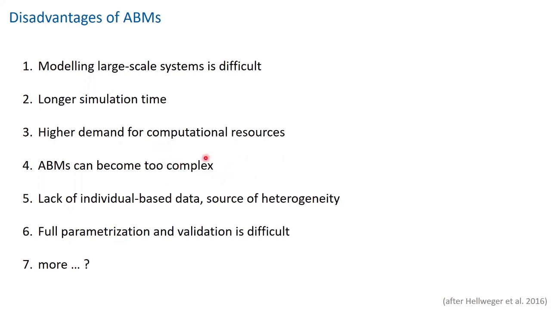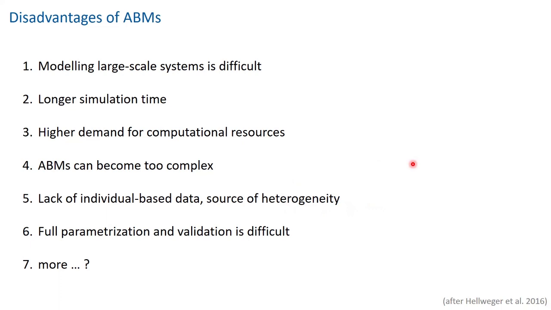And when models become complex, you can just add one more module and they become more and more complex. It takes more time to simulate, so the simulation times and the complexity can be really high. And then you cannot always validate your data, and you don't necessarily know the sources of these different heterogeneities in these communities.